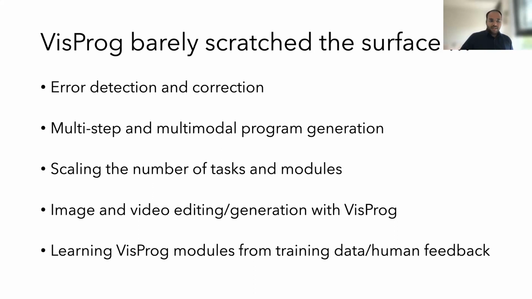And the last part, which I don't really have a good answer for, is how do we get VisProg to learn based on its interactions with users. Today, VisProg is a fixed system. You have in-context examples that maybe you can do something to update over time, but the modules themselves are frozen. The program generation capabilities are kind of frozen with whatever is available with the LLM.